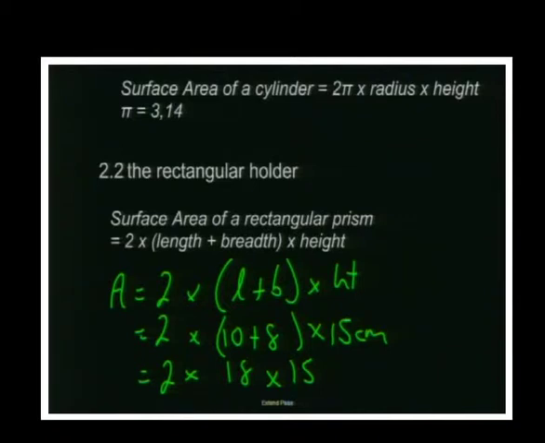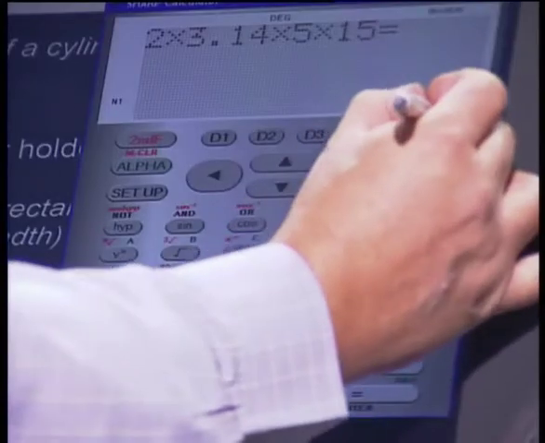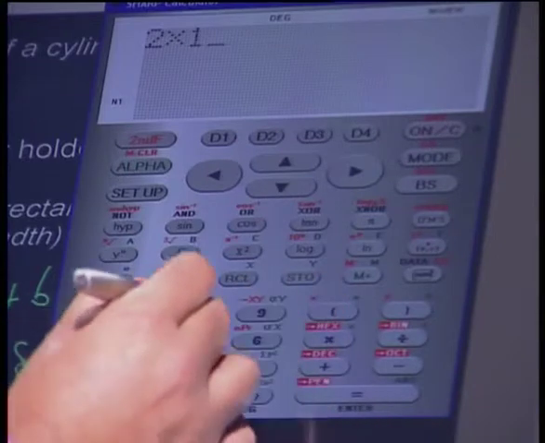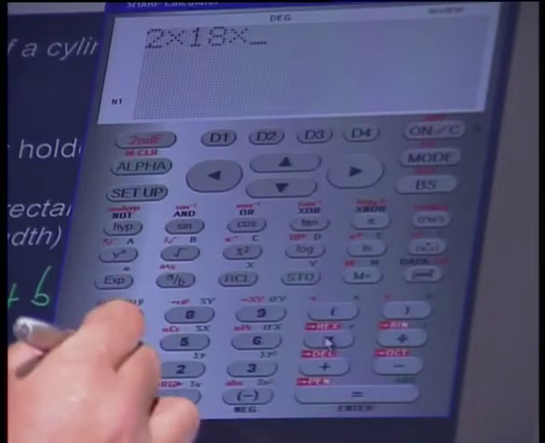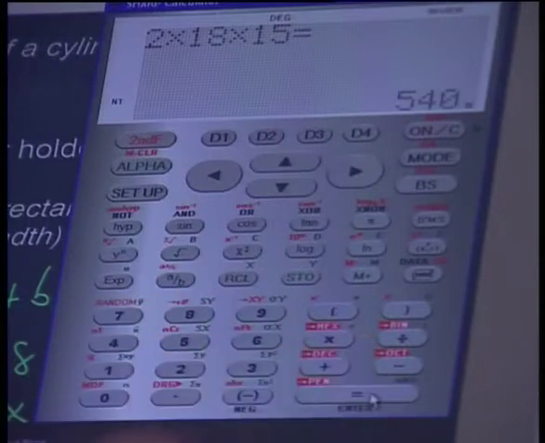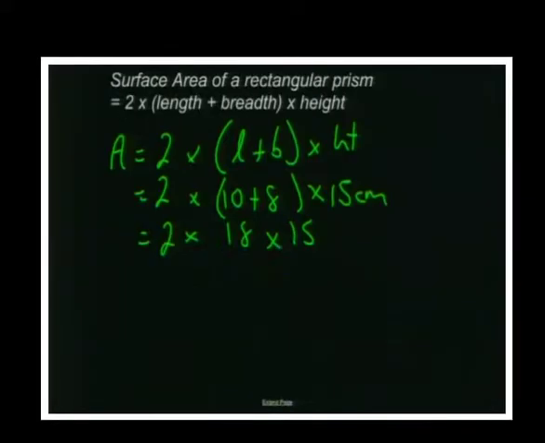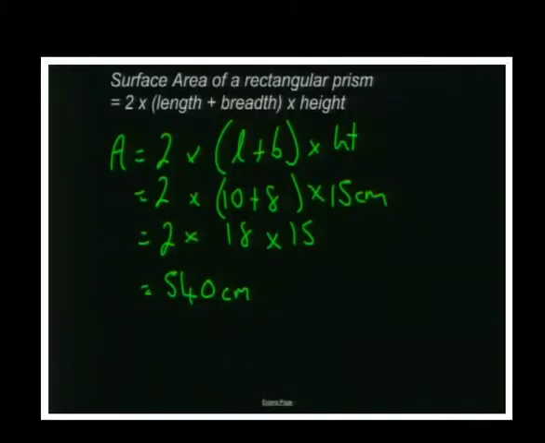On my calculator then, we're going to say I have 2 multiplied by 18 multiplied by 15 equals, and I get an answer of 540. 540 what? 540 centimeters squared. Why squared? Because we're dealing in area.